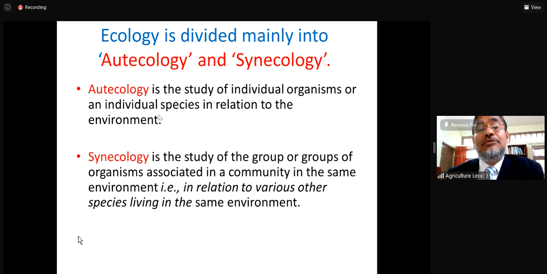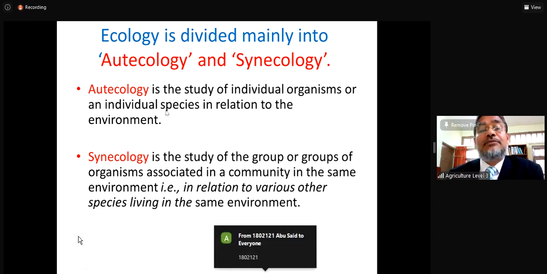When we study one species in relation to the environment, that study is called autecology. If a group of individuals, or a group of species associated in the community in the same environment, are included in the study, that study is called synecology.